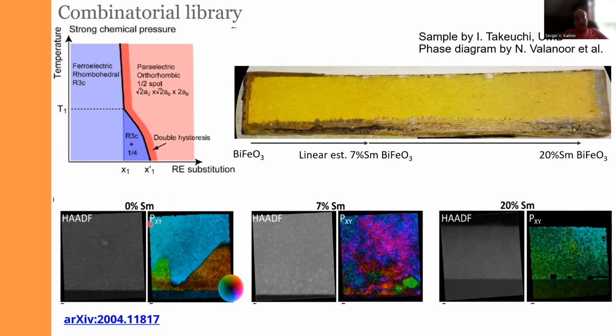For the ferroelectric phase, we can visualize the beautiful ferroelectric domains. There is a reason why we started the course with quantitative electron microscopy, because that's what is required to take an image like this and extract polarization orientations. On the other end of the phase diagram, we have the orthorhombic material, so there is no polarization whatsoever.